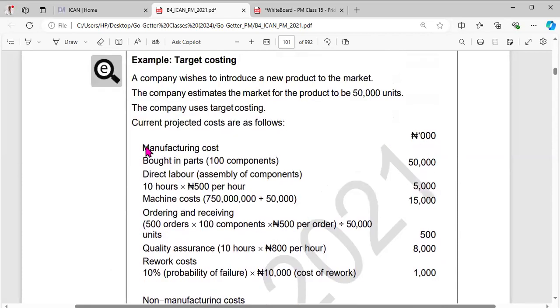Now look at the manufacturing product. It said bought-in parts, 100 components. So when we say bought-in parts, that means these are parts that were bought.